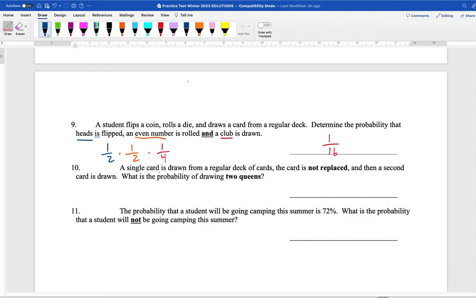Next one, a single card is drawn from a regular deck and the card is not replaced. And a second card is drawn. What's the probability of drawing 2 queens? Well, the first pull, drawing 1 queen, is 4 over 52. And the second queen is going to be 3 out of 51.